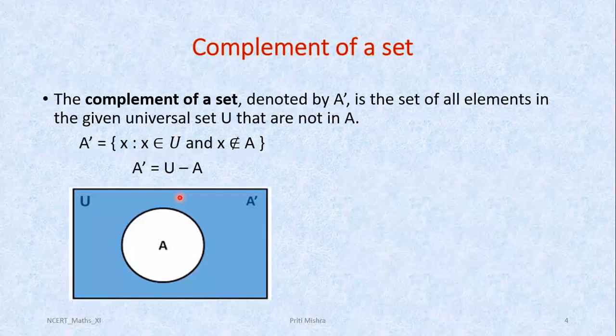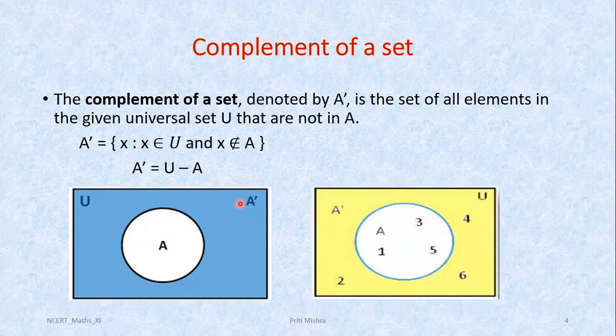So let's have the Venn diagram for A complement. Here you can see with the white portion I have denoted set A, and this blue colored region is showing A complement, means we have deleted set A from the universal set. So all the blue colored portion is representing the Venn diagram for A complement. Let's make it more clear with this picture.